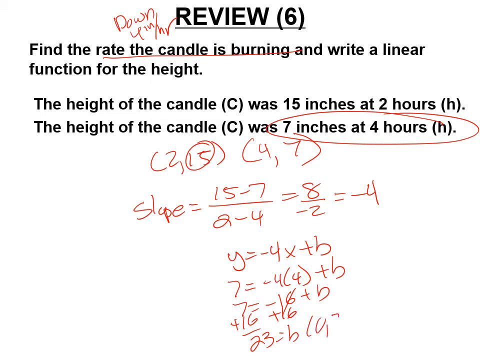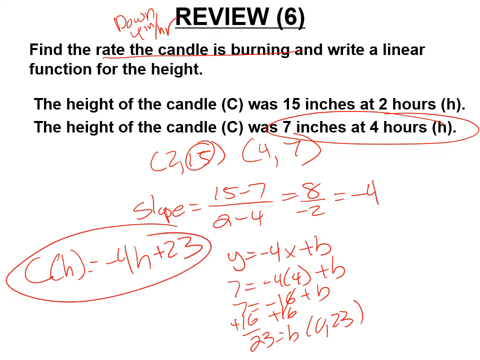This candle was 23 inches when it started. All right, and so the equation here is candle. I use c for height here so that I could have c of h instead of h of h. C of h equals negative 4h. Whatever that letter is, it's always the same there, always. All right, c of h equals negative 4h plus 23. It was going down 4 inches per hour and started at 23 inches.